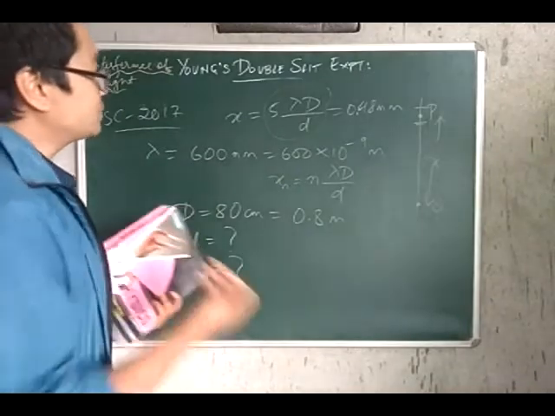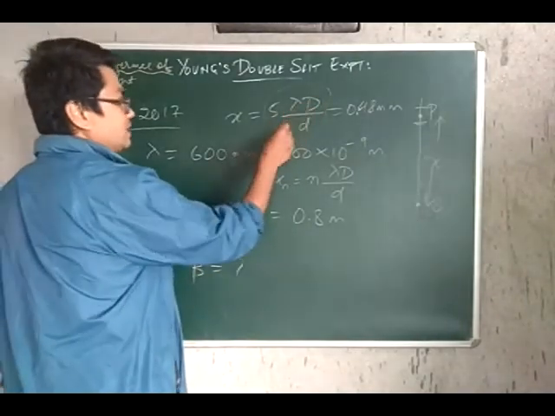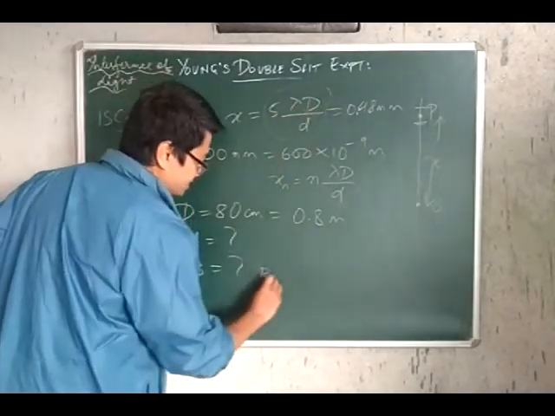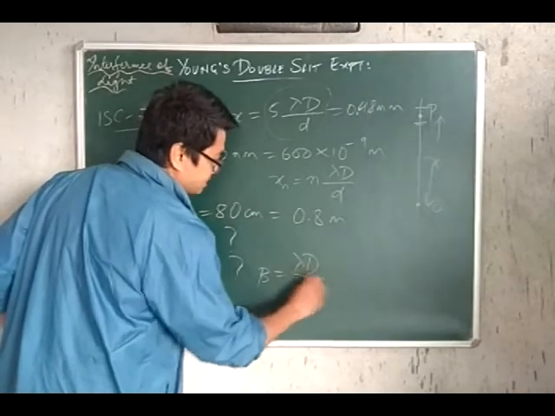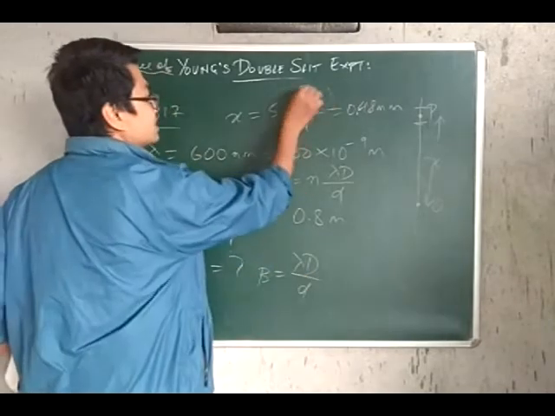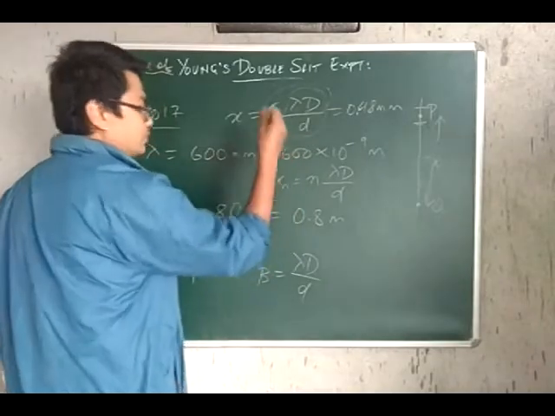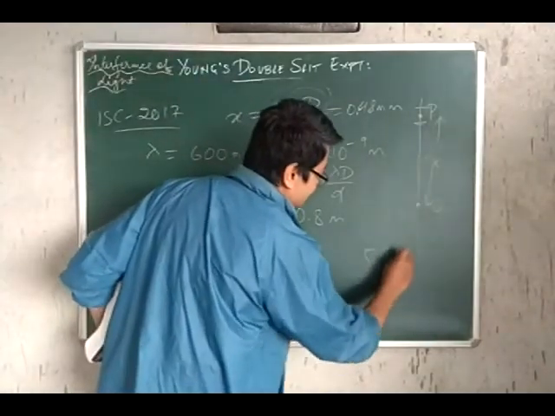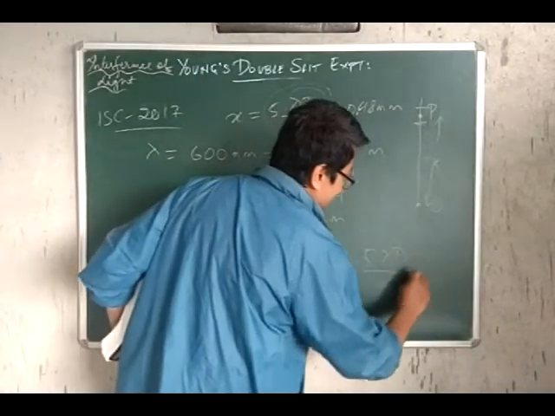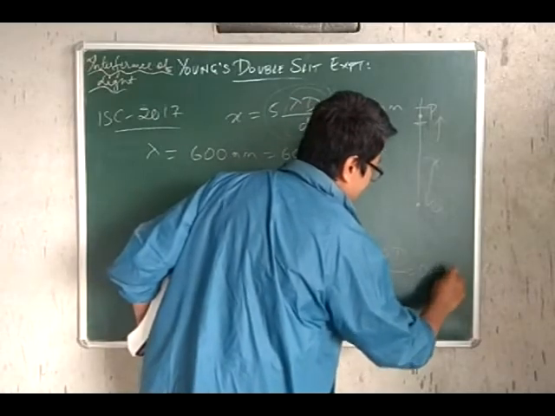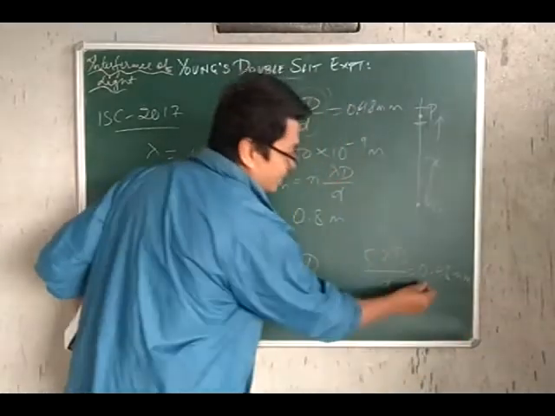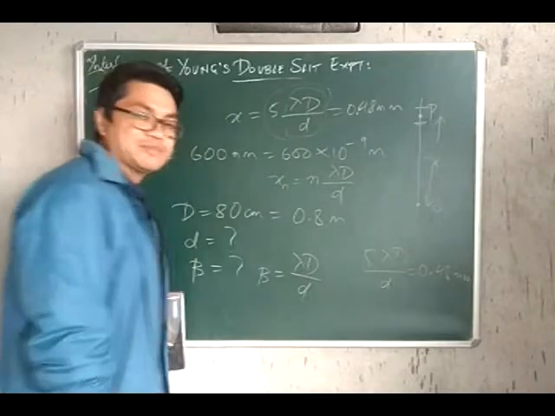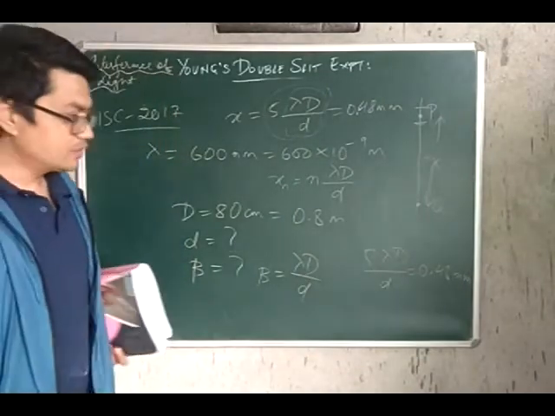So what would you like to calculate first? Beta is simply lambda capital D by small d. So from 5 lambda capital D by small d equals 0.48 mm, dividing by 5 you will get lambda D by d, the fringe width.